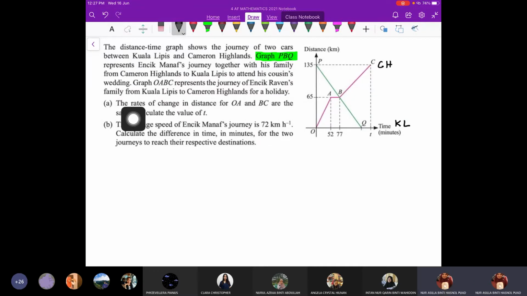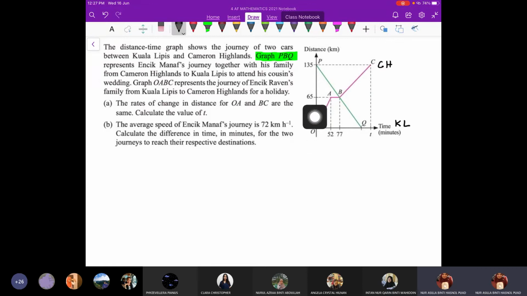Okay, so the rates of change in distance. Ni kata nama lain bagi gradient ataupun speed. Okay, the rates of change in distance for OA and BC are the same.